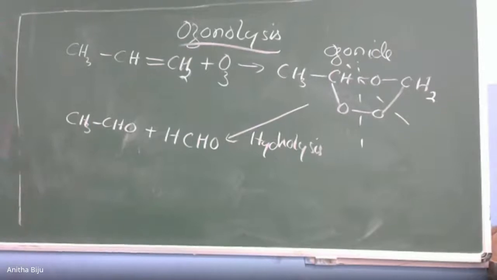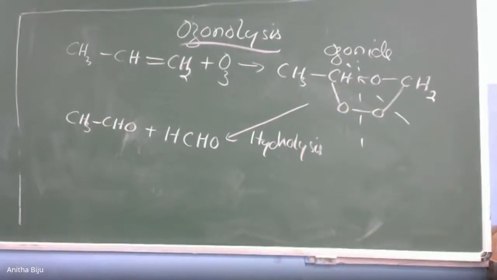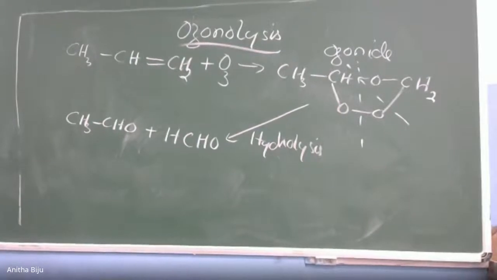When an alkene is treated with ozone, we get an addition product called ozonide, which on hydrolysis gives a mixture of aldehydes. And you can see the nature of the alkene. It is a straight chain alkene. It means instead of a straight chain alkene, if you use a side chain alkene, the product will be different.